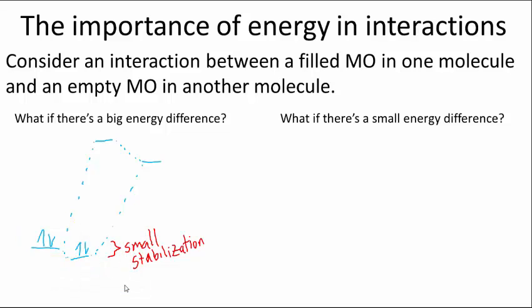On the other hand, if I start with my filled orbital here and my unfilled orbital maybe just above it, that's when I'm going to get a relatively large stabilization from their interaction.